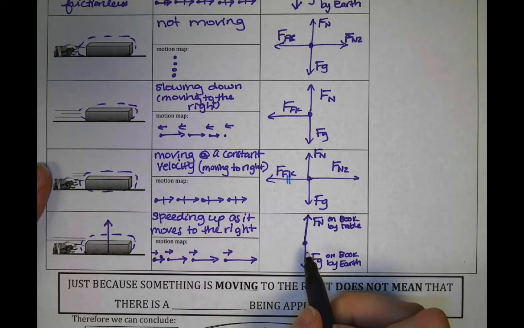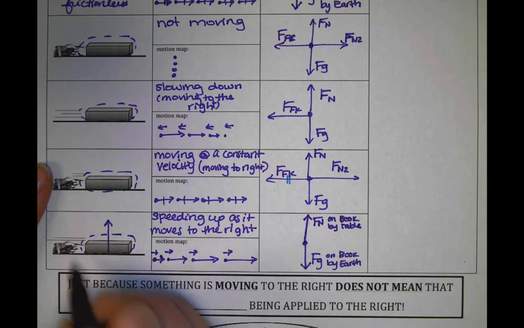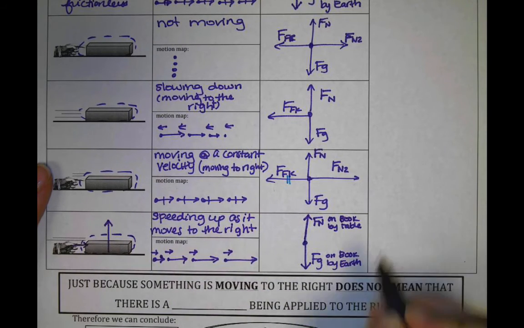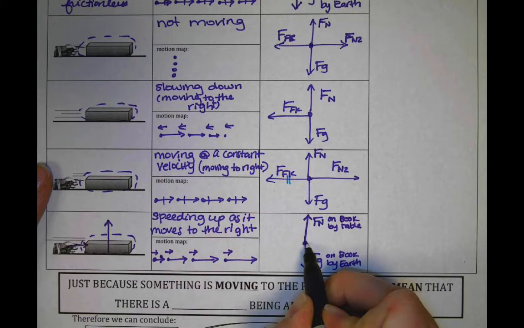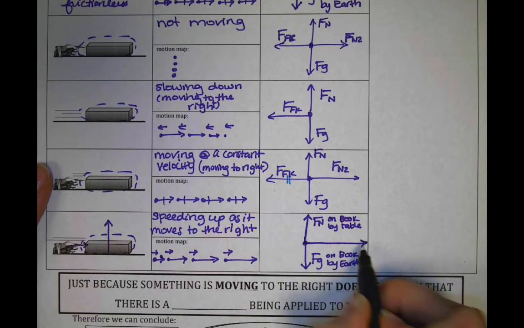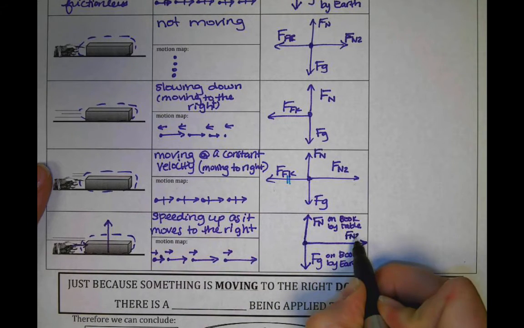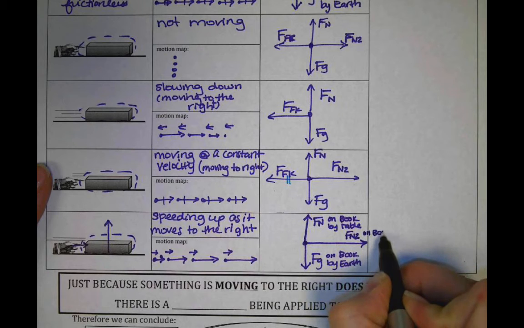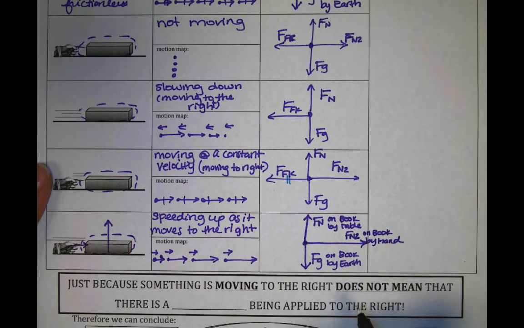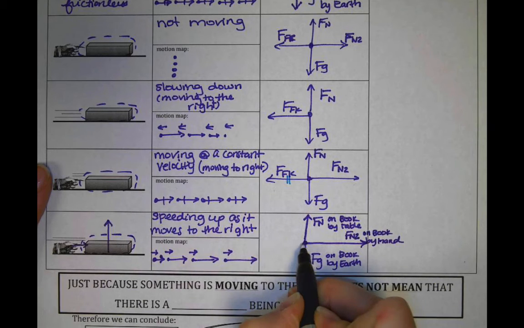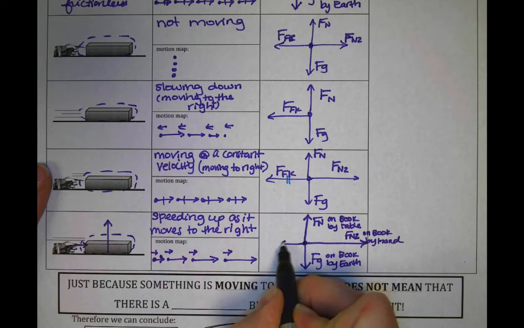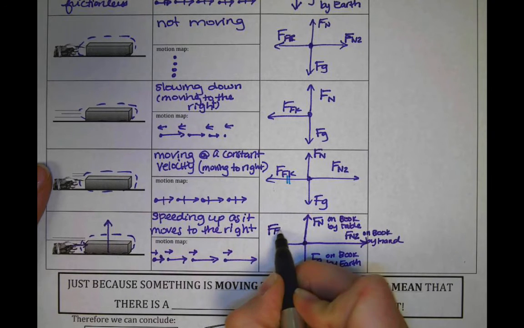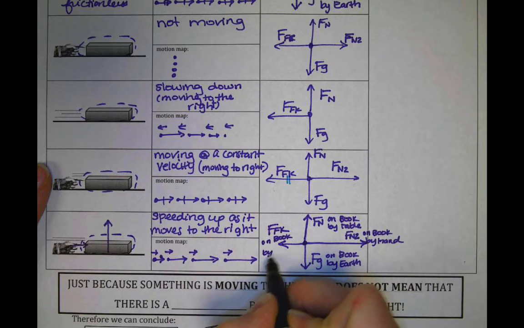And then for these, I have my hand is crossing that system boundary and applying a force to the right. I'm going to label this FN2 on book by hand. And the last one, I have friction opposing that sliding motion to the right, so friction is parallel but to the left. FFK on book by table.